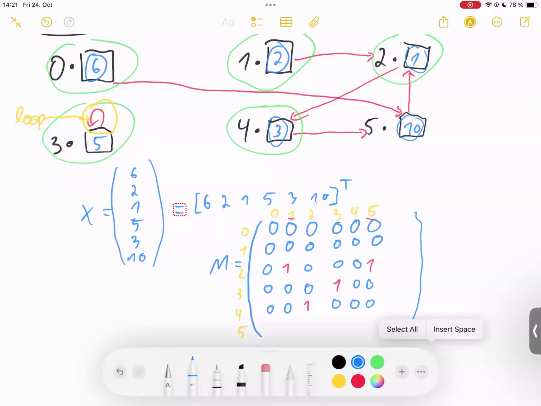You can share this in the chat as well. So we have a 1, I'll do this in red, because it's incoming from 0, and then 5 has an incoming one from 4, which is the other one here, and then all the other entries are 0.